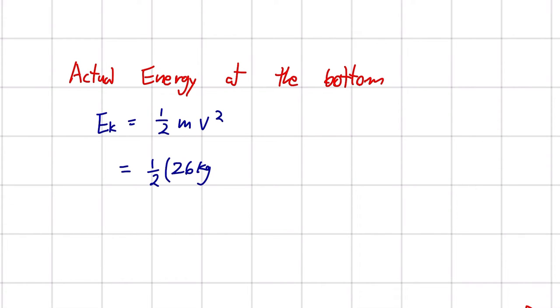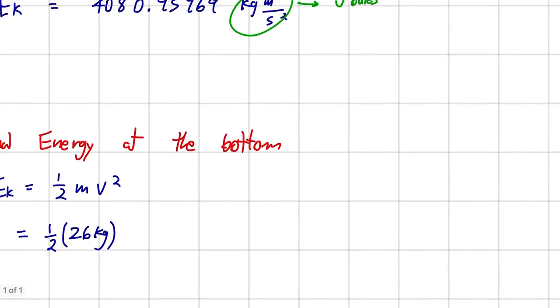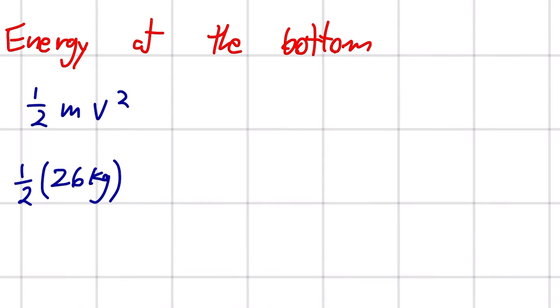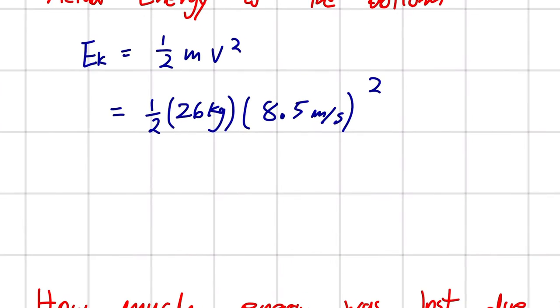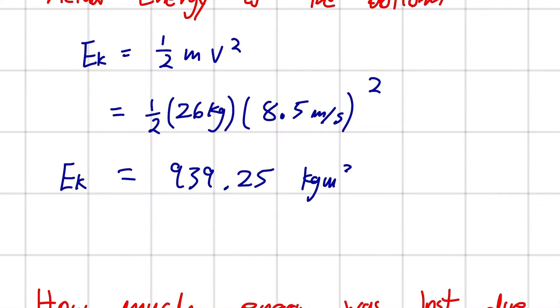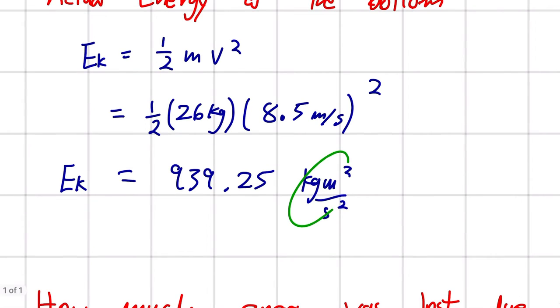He's still 26 kilograms, but his velocity is 8.5 meters per second, and that is squared. So let's calculate this. This is his actual kinetic energy. It's going to be 939.25 kilogram meters squared per second squared. And again, this is joules.